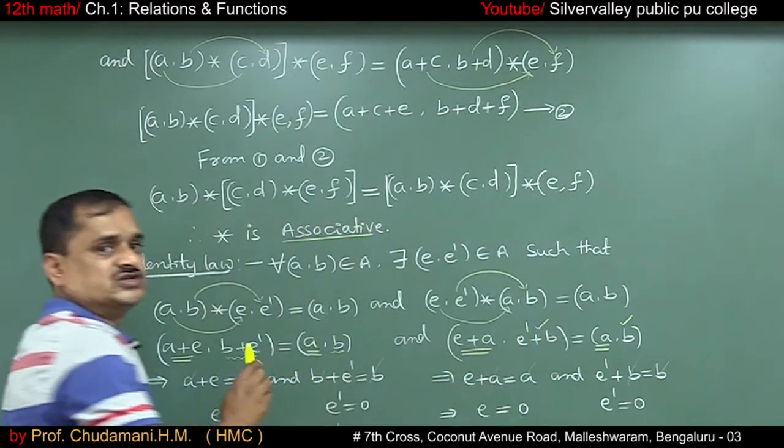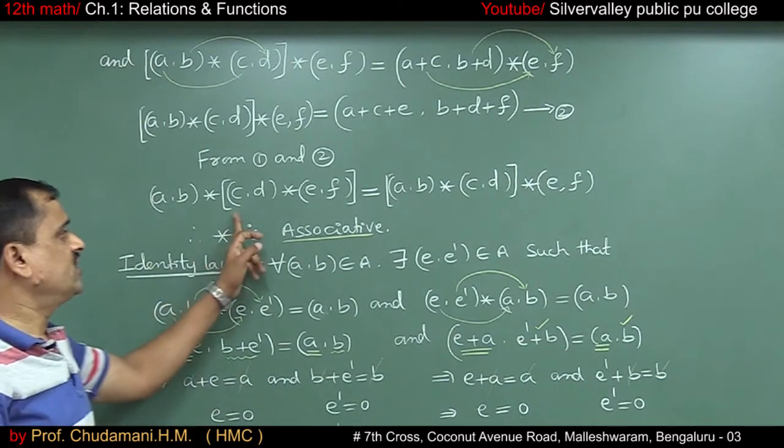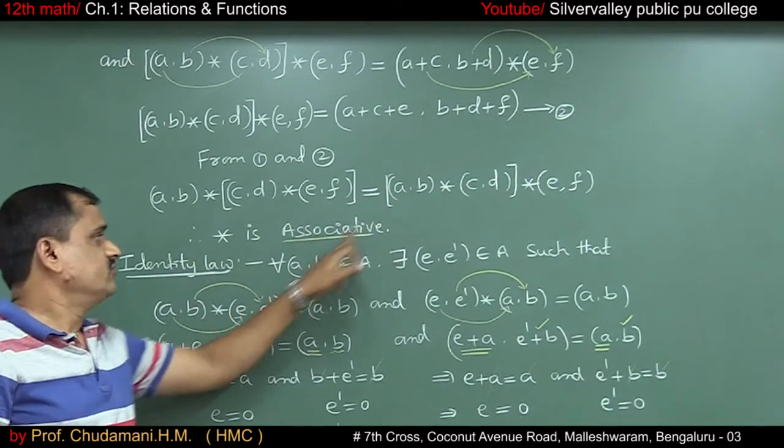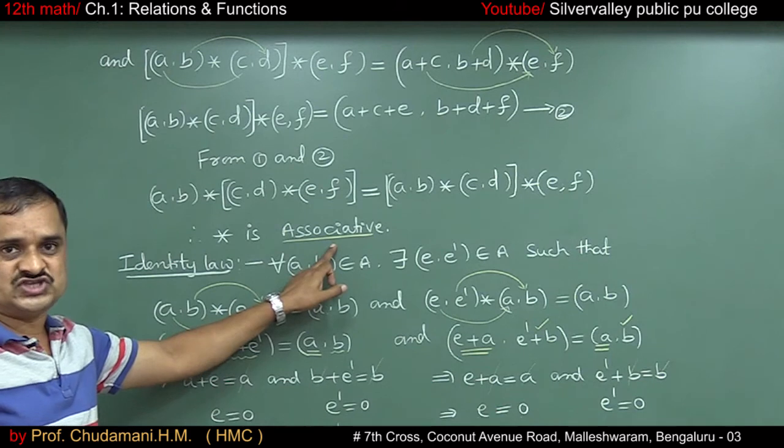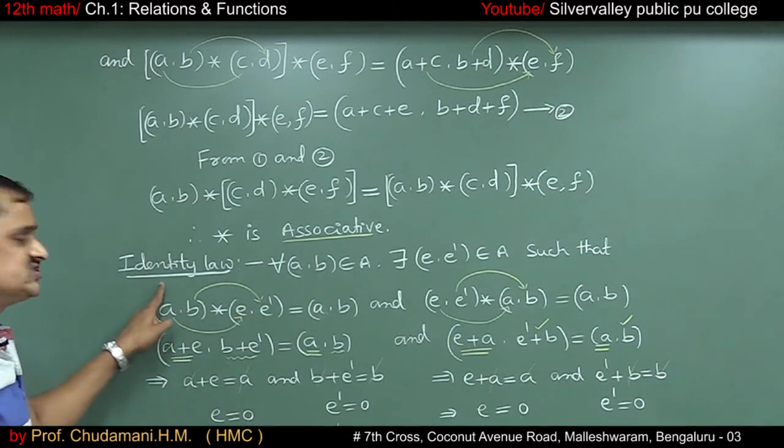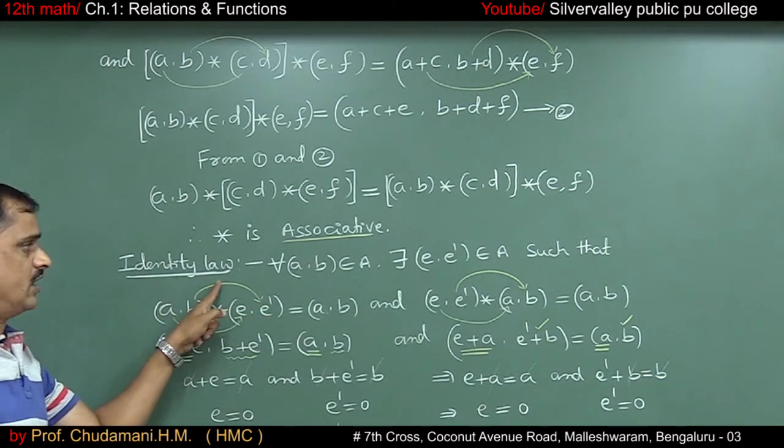Say this is equation 1. Now (a, b) star ((c, d) star (e, f)): apply the definition, (a, b) star (c plus e, d plus f), again (a plus c plus e, b plus d plus f). Say equation 2. Clearly from 1 and 2 these two are equal. Therefore star is associative.